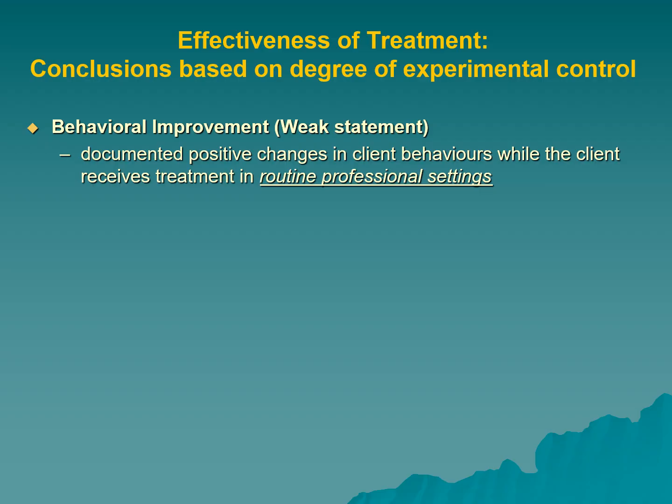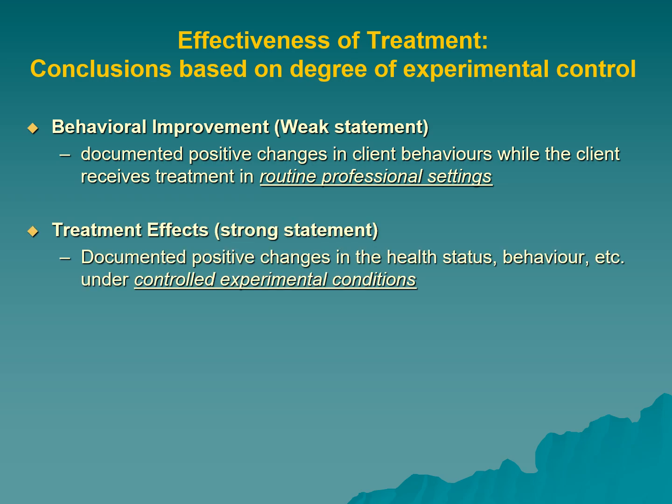For example, if we document positive changes in participants' behavior while the participants receive treatment in routine professional settings, then such positive change will be a weak statement because there is no control condition to prove that.